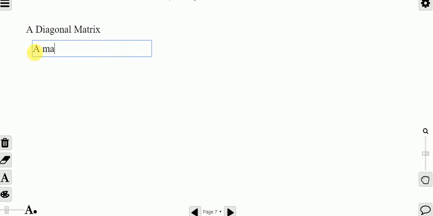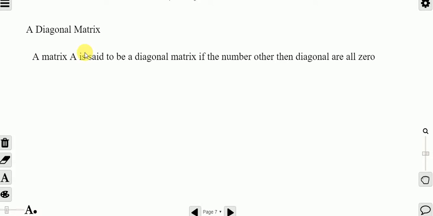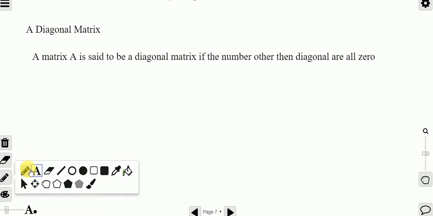A matrix A is said to be a diagonal matrix if the numbers other than the diagonal are all 0. Okay, let us just look at the example.